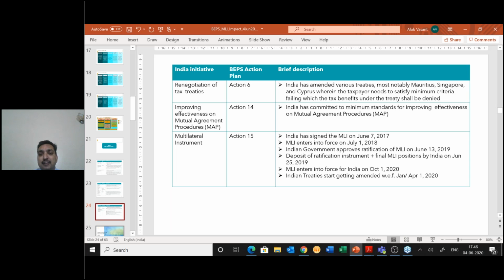Because you have all these international tax concepts coming into the domestic tax law, and now you just can't look at the tax treaties. You have to look at several instruments to ensure what the agreements are with the other countries. You have to look at the MLI. You have to look at India's positions on MLI.